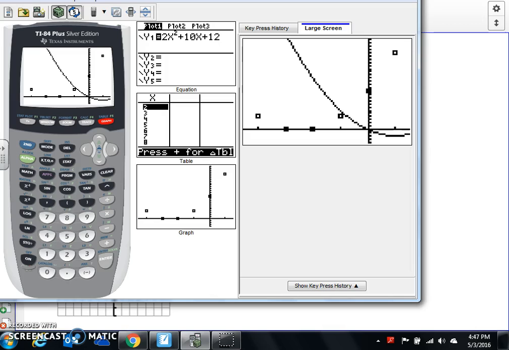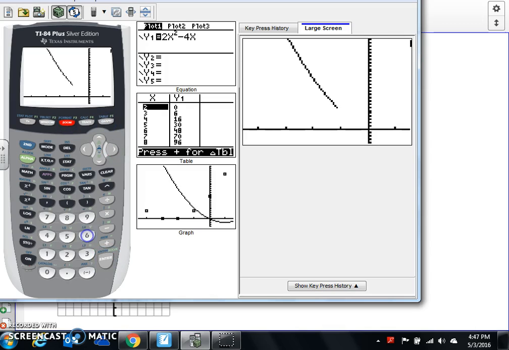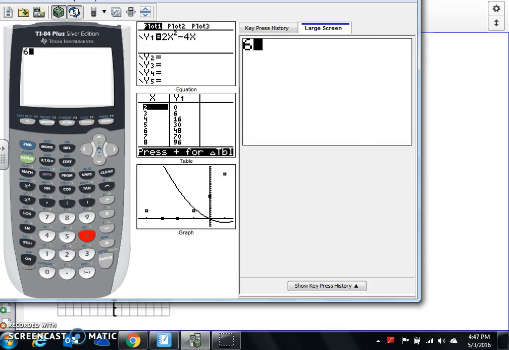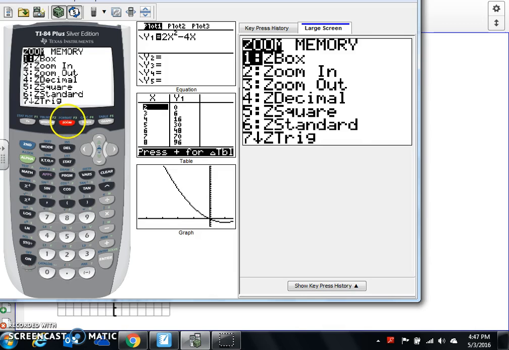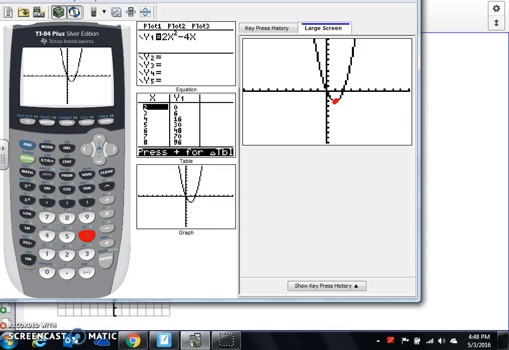Remember, we're not on stat anymore, so we need to turn our stat plot off. And then we can zoom 6, so zoom standard. Okay, so now we're good to go. So it looks like from here, that's our vertex, right? It looks like it's going to be 1, negative 2-ish.